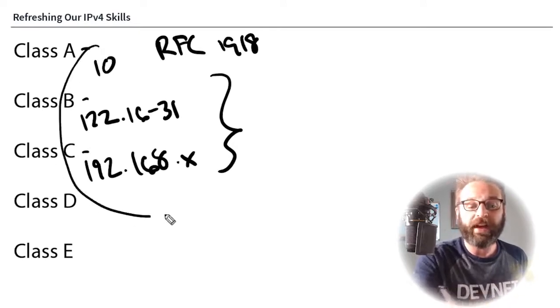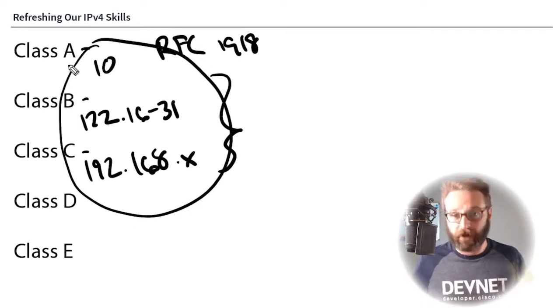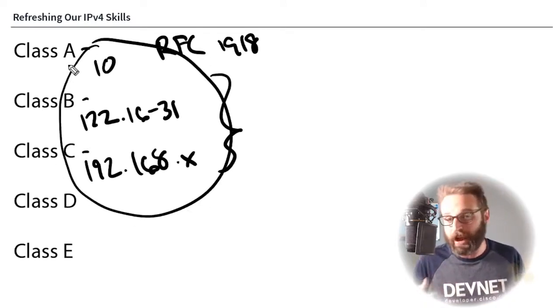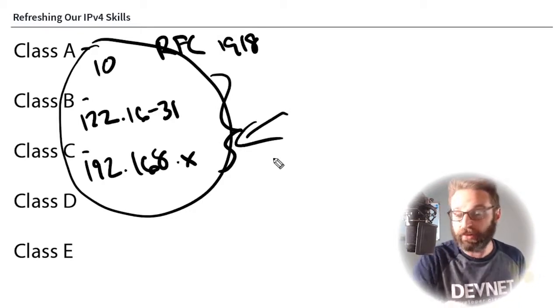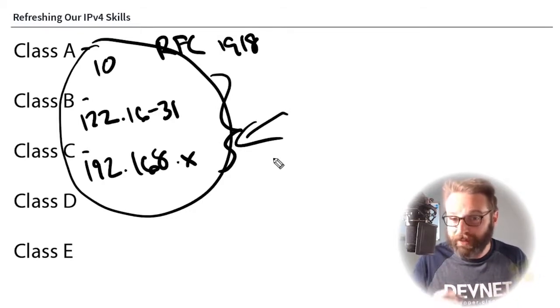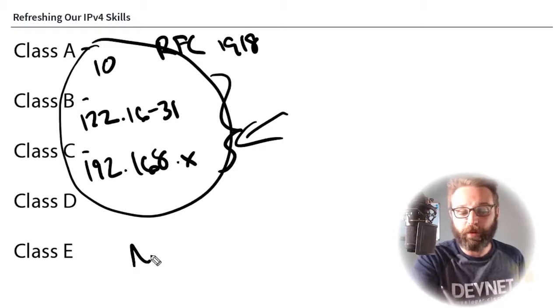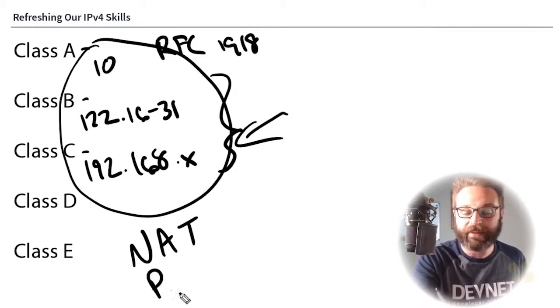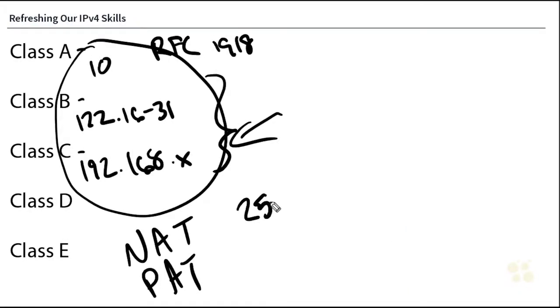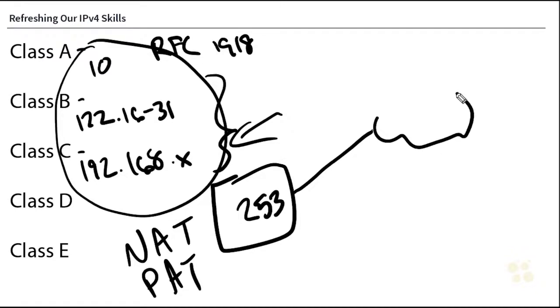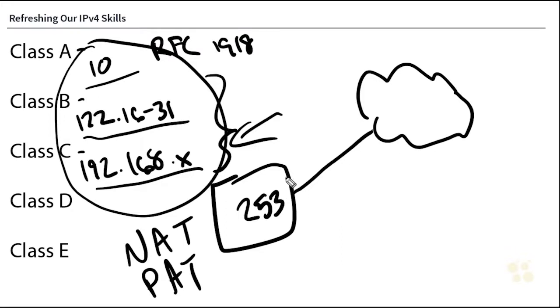That way we could assign these addresses to any of our devices and any of our sites in a private manner. But these addresses right here are not available on the internet, and that's where we have to bring NAT or PAT into play. If I have 253 privately addressed devices in my enterprise and they need to reach out to the internet, but the internet doesn't accept 192.168s or 172.16s or 10s, how then do we get these 253 devices on the internet?